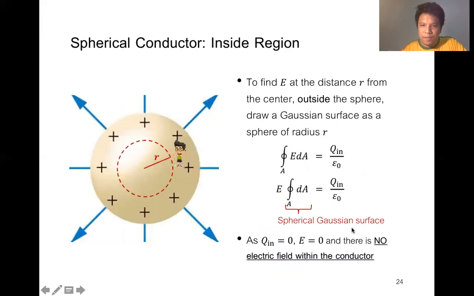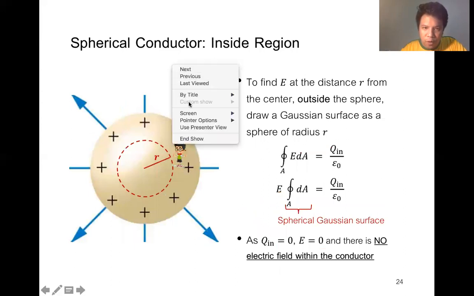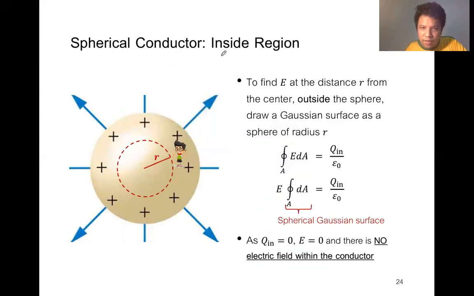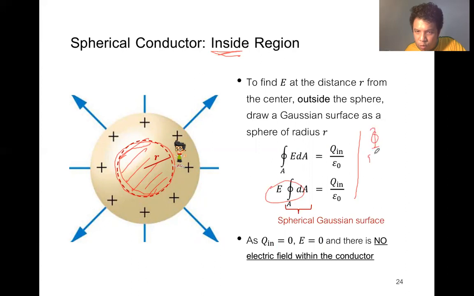But if I try to find the electric field inside, for the inside region I need to create a Gaussian surface inside. What is different is on the right-hand side. On the left-hand side, the flux equals EA, which is E times 4 pi r squared as usual.